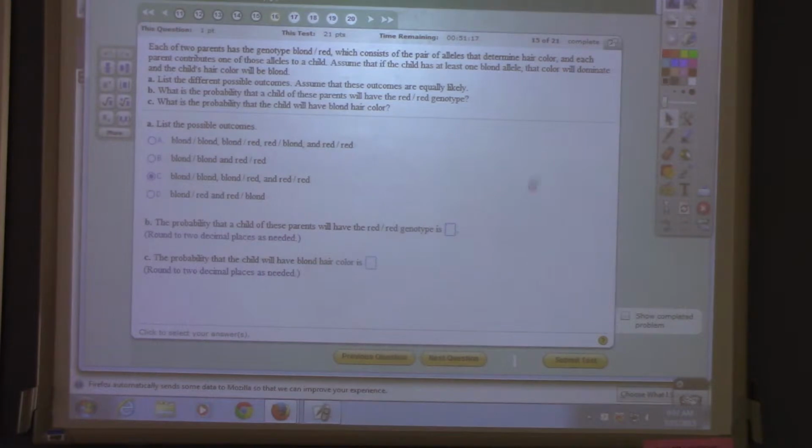Well, that's 1/3 or 0.33. What's the probability that they will have blonde hair? 0.33. That's what I come up with. Maybe this problem is too easy. I don't know. Be careful on that one.